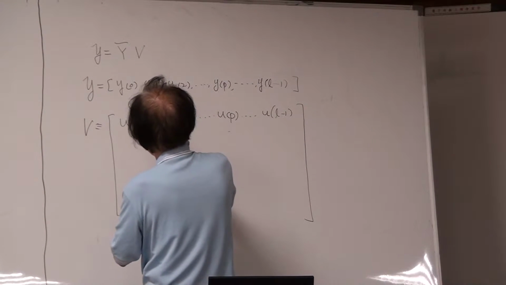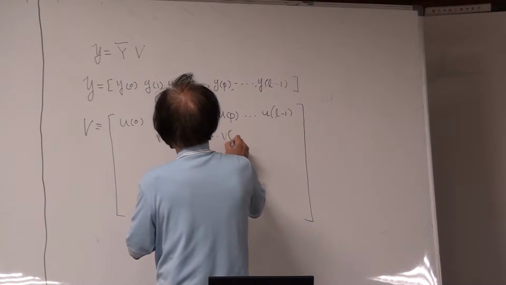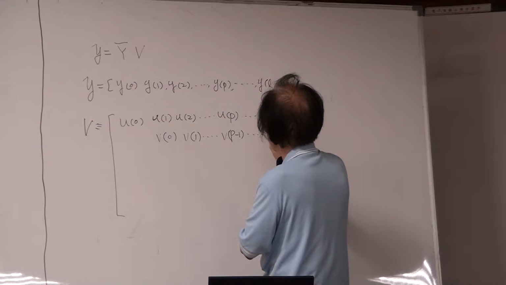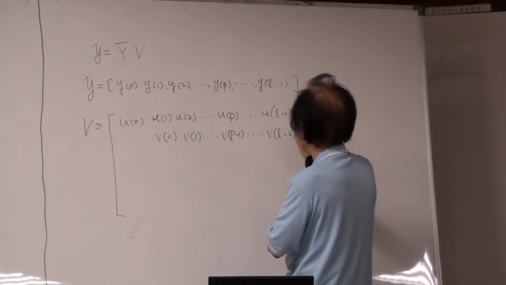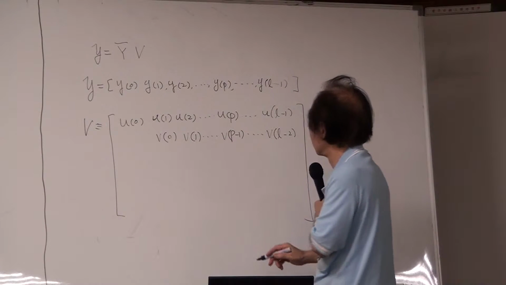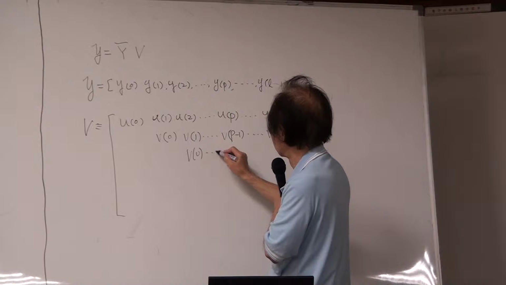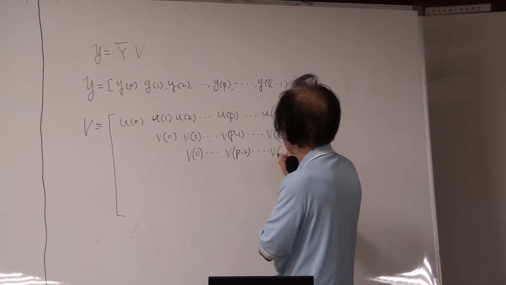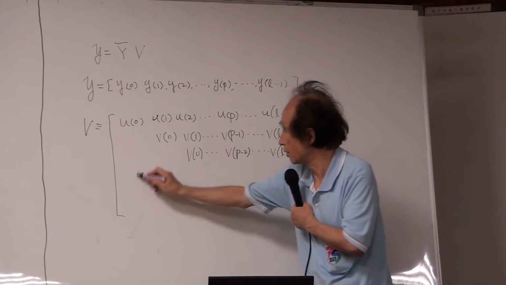And this is V0, V1, Vp minus 1, Vl minus 2, and then I have V0 here, Vp minus 2, Vl minus 3, okay, and I have 0, 0, okay.